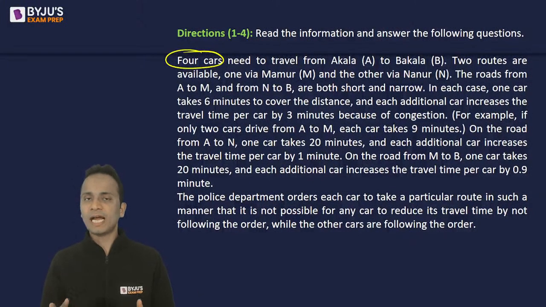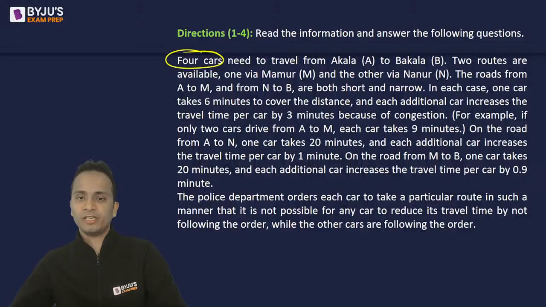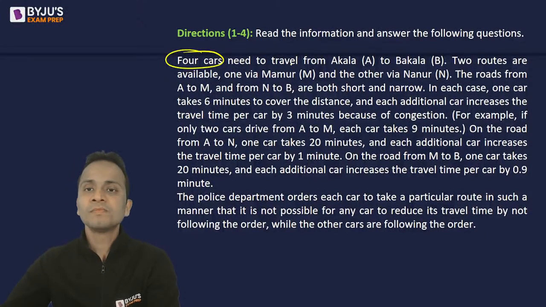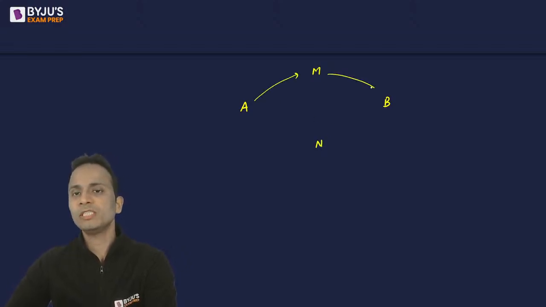So the cars will be taking the minimum amount of time to travel. Let's draw the route chart. So I have A and B. One route is via M and another route is via N. These are the roads between these four cities.